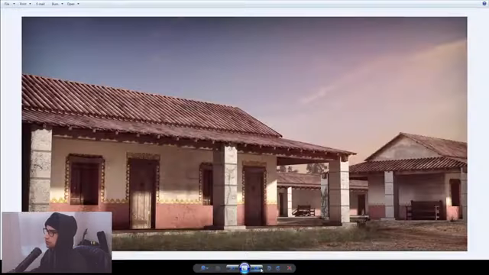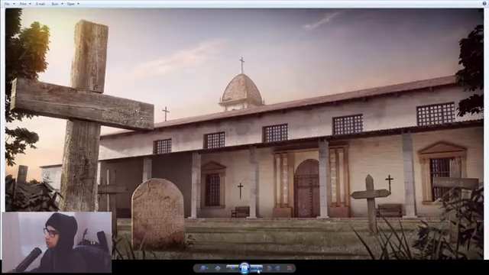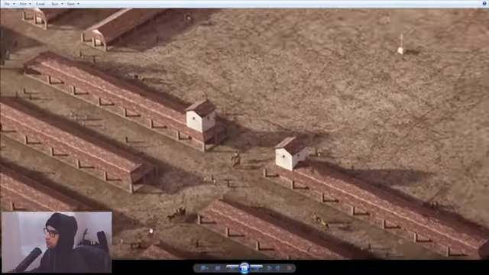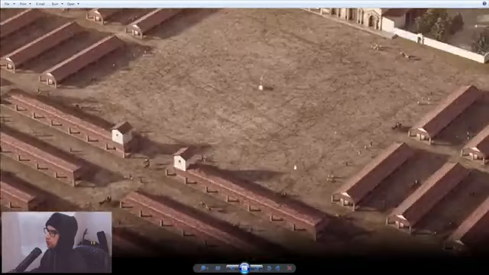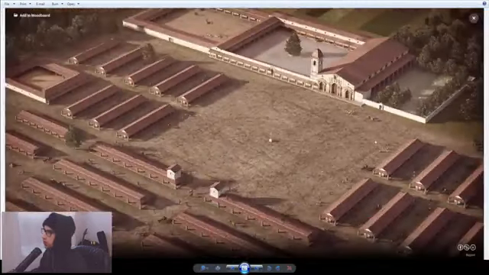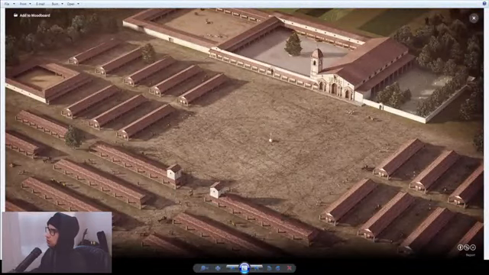You can go through and see what it looked like. Here we have all the buildings where the people lived, and then the church, the graveyard, etc.